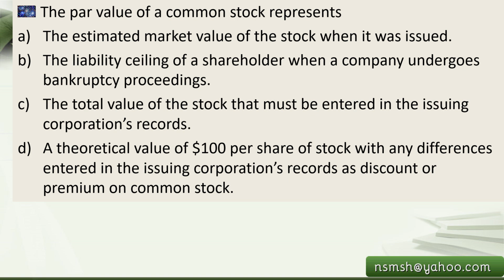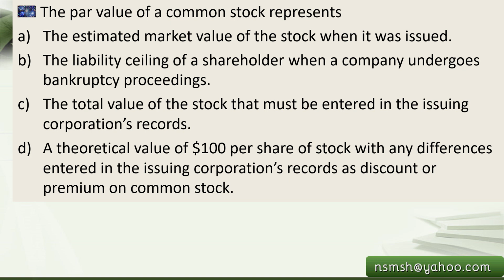Let's analyze C and D also. The total value of the stock that must be entered in the issuing corporation's records is not correct, because the issuing corporation may sell the stock at a premium, or may sell the stock at a discount. So C cannot be true.